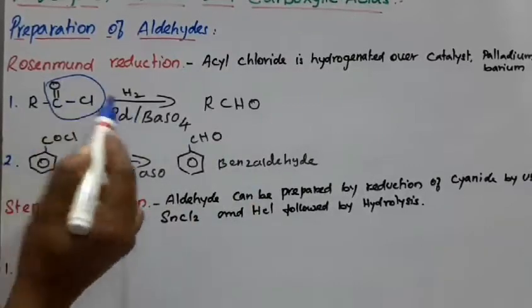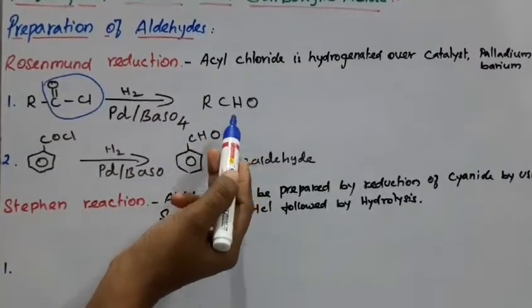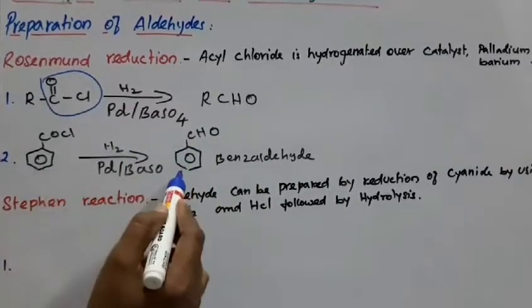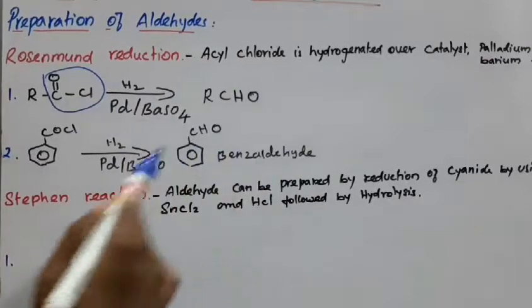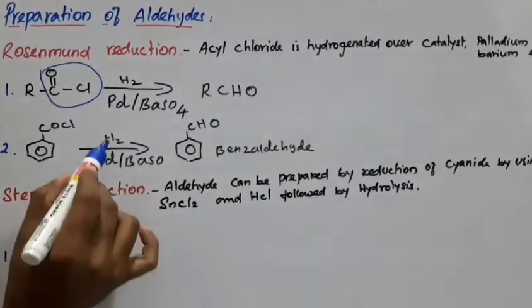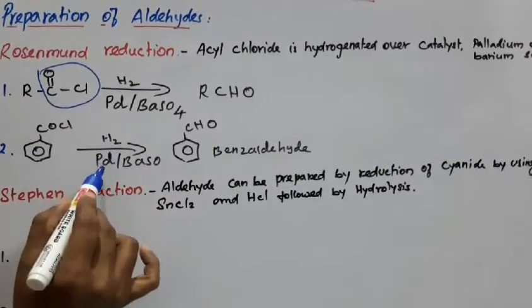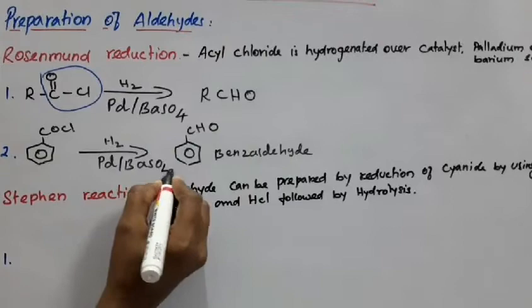Alkyl acyl chloride gives alkyl aldehyde, and aryl acyl chloride gives aryl aldehyde, that is benzaldehyde. This is called Rosenmund reduction. The reagent is hydrogen with palladium on barium sulfate, BaSO4.